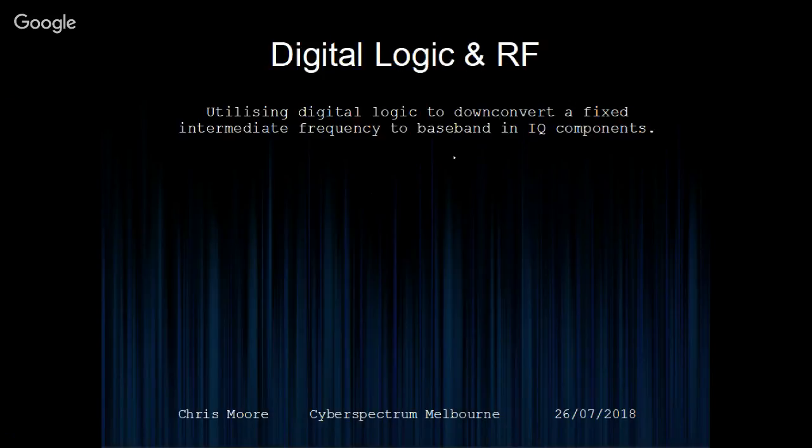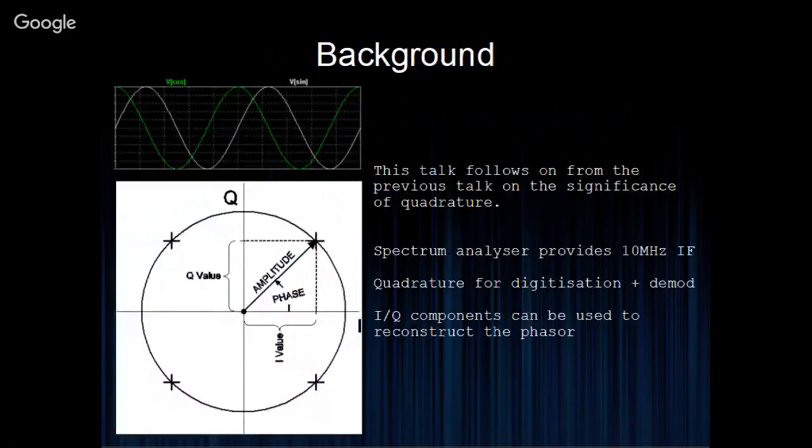So this might seem like a bit of a step if you haven't listened to the first talk and briefed up on quadrature, but Kasim did a pretty good job of refreshing us on that one. So I'll just move straight into it. As I said, in-phase and quadrature allow you to reconstruct the phasor, amplitude, and phase.